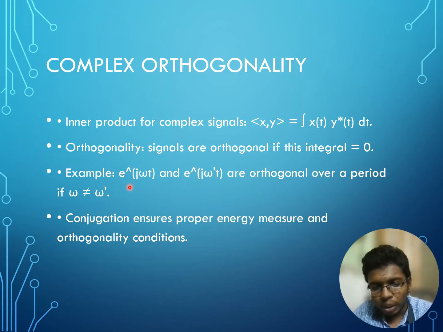Example: e power j omega t and e power j omega dash t are orthogonal over a period if omega is not equal to omega dash. The conjugate ensures proper energy measure and orthogonality conditions.